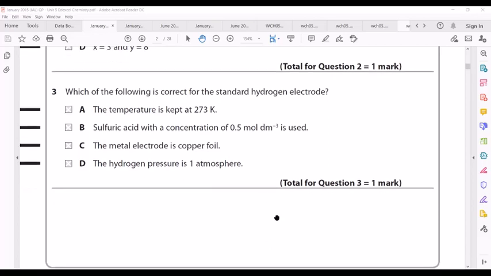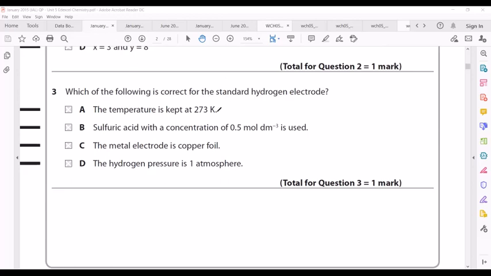Question 3. Which of the following is correct for the standard hydrogen electrode? The temperature is kept at 273 Kelvin.